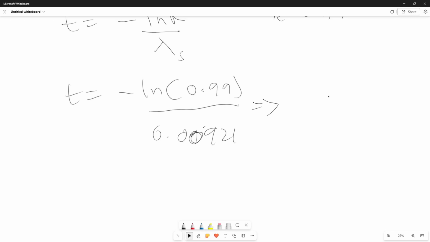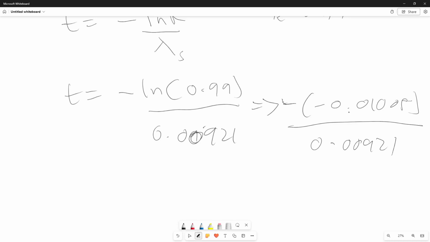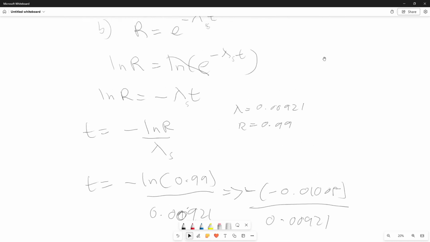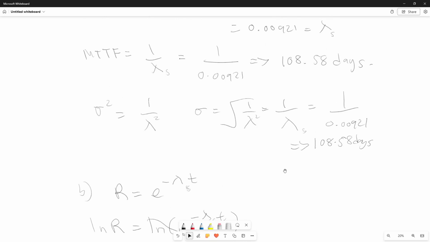Ln 0.99 is negative, so negative of negative 0.01005 divided by 0.00921, and that gives us 1.09 days. So that's how you solve this.